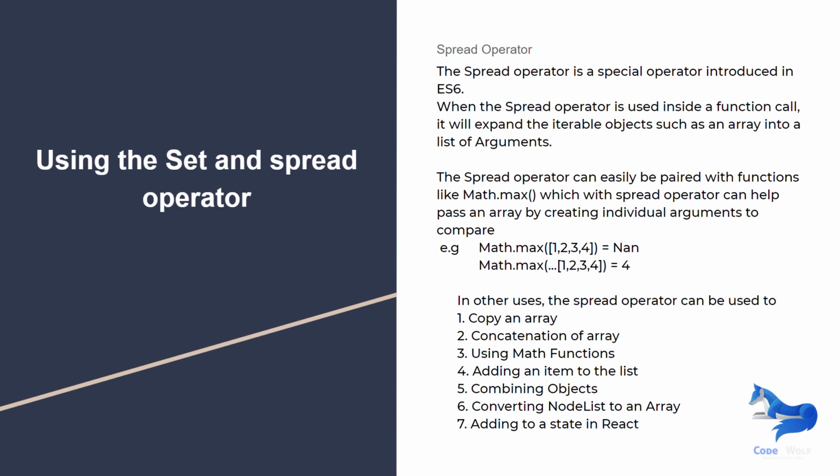If we pair these up with functions such as Math.max, we can also get help in which the spread operator can pass an array to create individual arguments, and all of these can be compared easily.